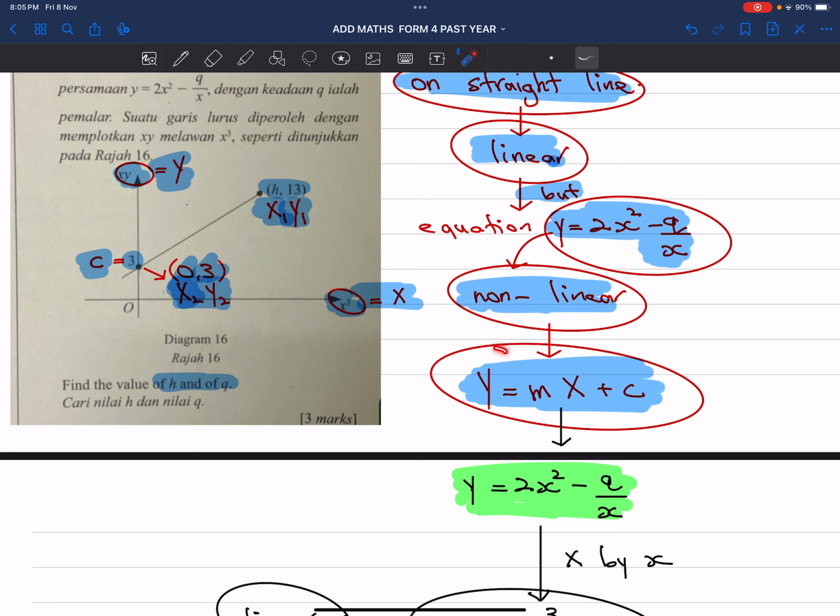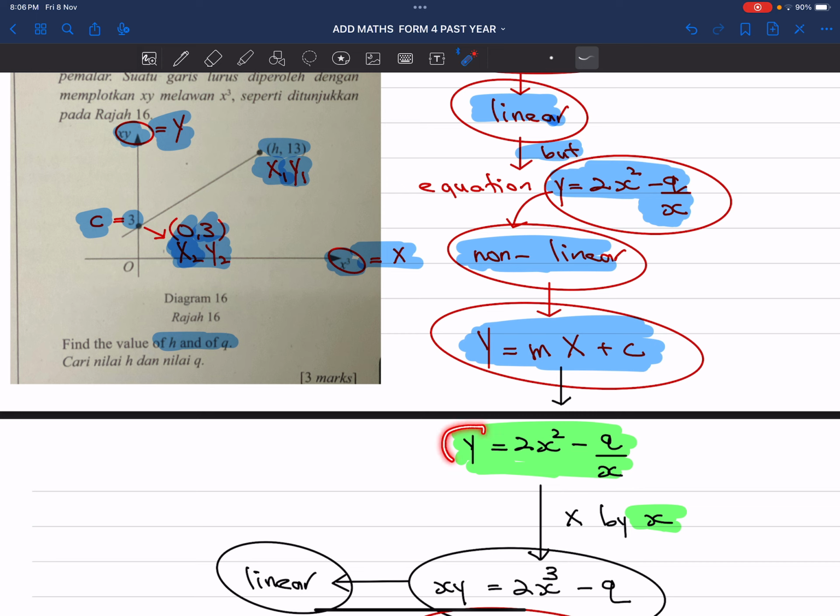You see, I go to the capital Y, which is xy. Here I only have y. That means this y, I must multiply by x so that I can get the xy. Of course, when one term you multiply by x, all the other terms you must also multiply by x.